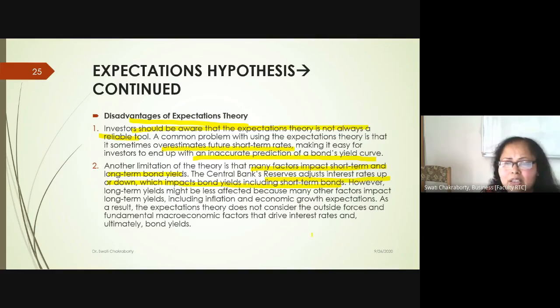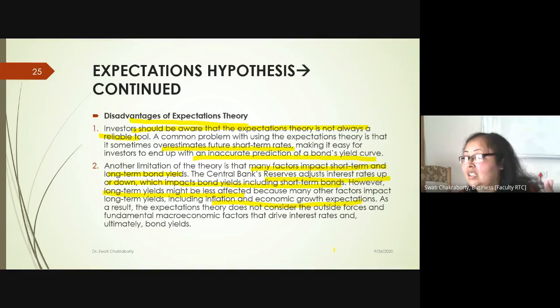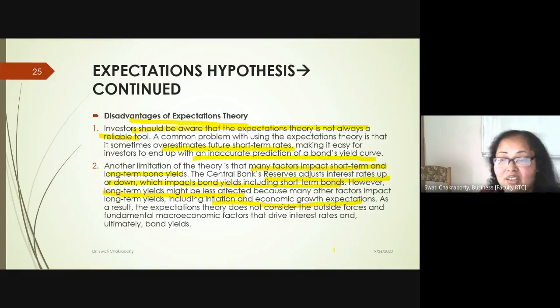But long-term yields might be less affected, because there are many other factors which impact them, including inflation and economic growth expectations, not just the central banks' interest rate adjustments.